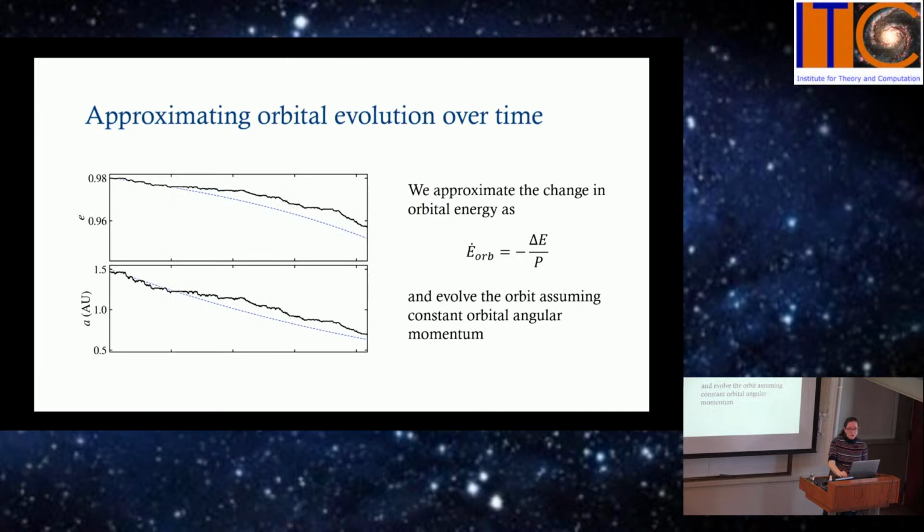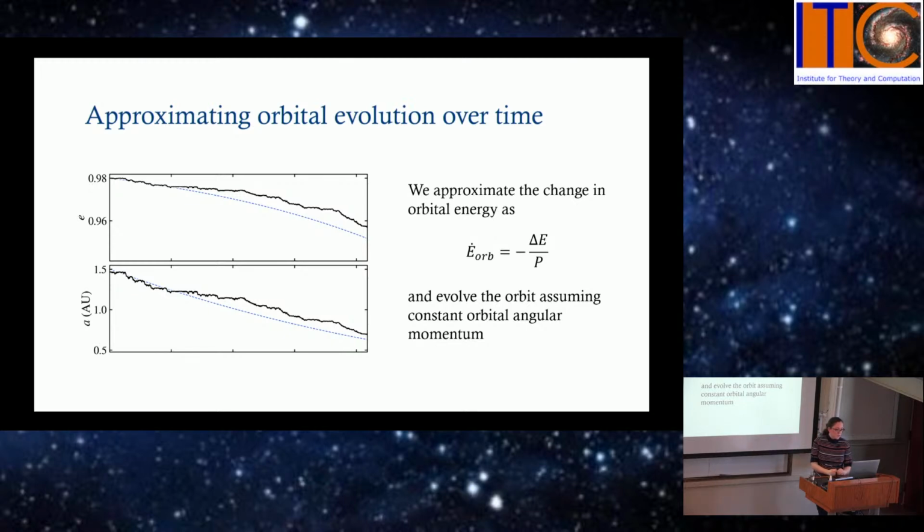And we can also do the negative to see what happens to the orbital energy, assuming that any energy that you're putting into the planet is coming from the orbit. So the rate of change of the orbital energy is just the same equation as before, but with a minus sign.